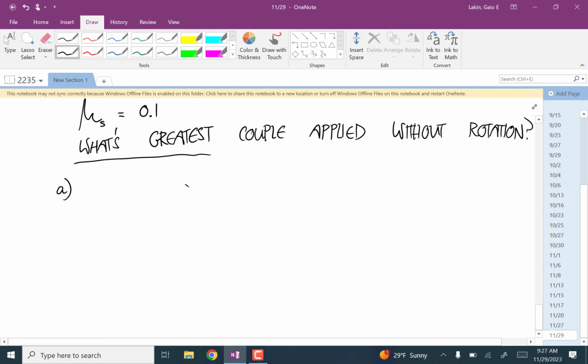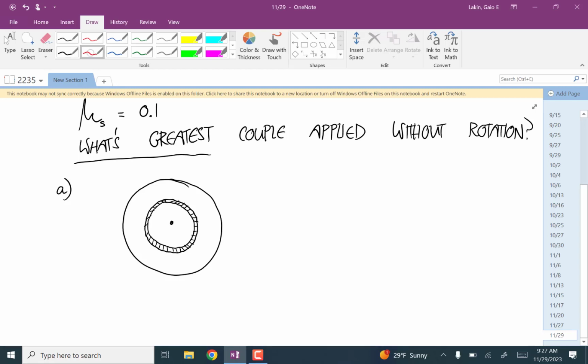All right, so I'm going to start out. For part A, we're going to do the solid one. We have our infinitesimal ring. The thickness is dr. The distance from the center to the ring is r.